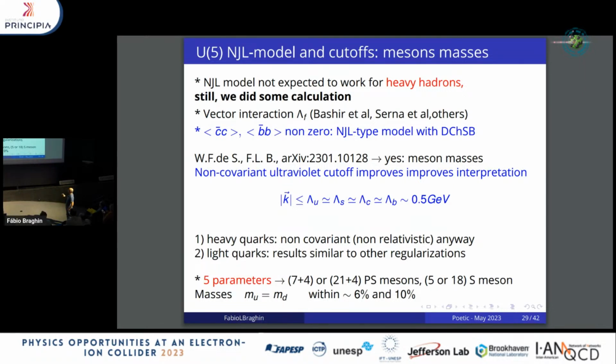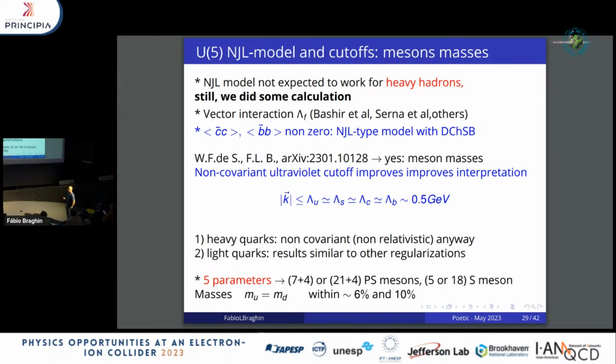By means of a non-covariant ultraviolet cutoff, it means that only the 3-momenta will undergo a cutoff. And it turns out in the results that for the best fit we have for some meson masses, all these cutoffs for the 3-momenta are nearly the same, around 400 to 500 MeV.